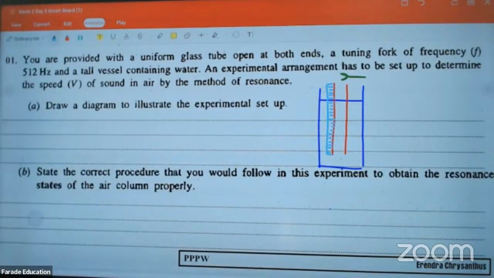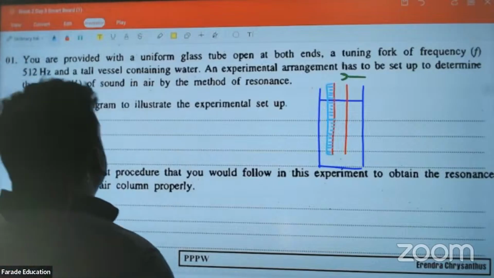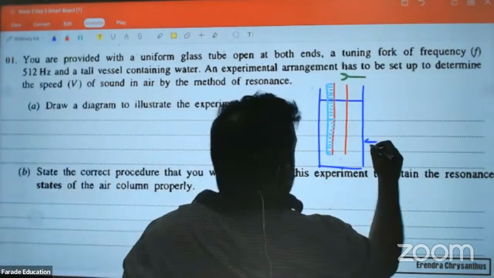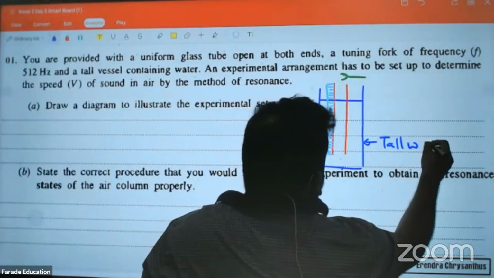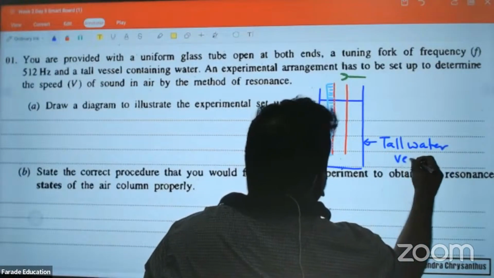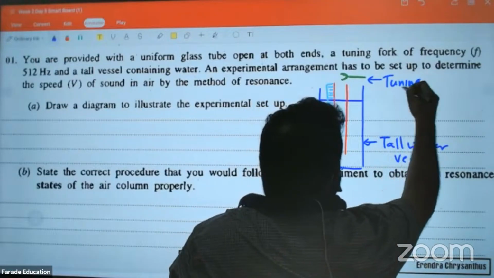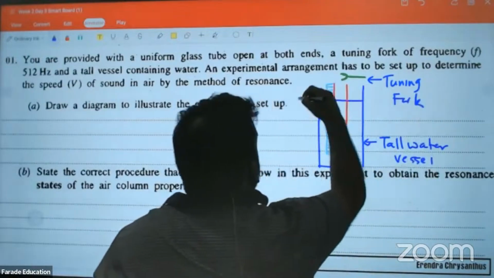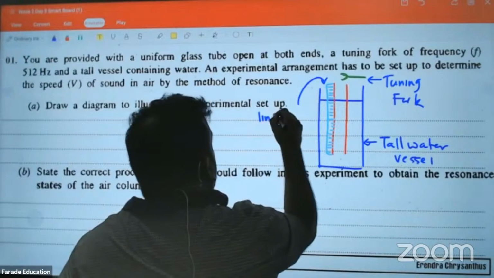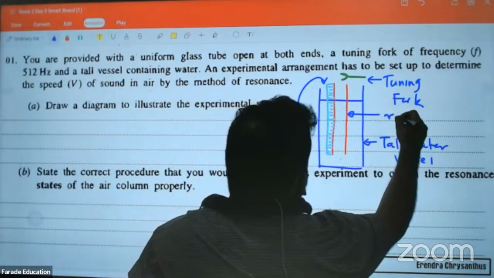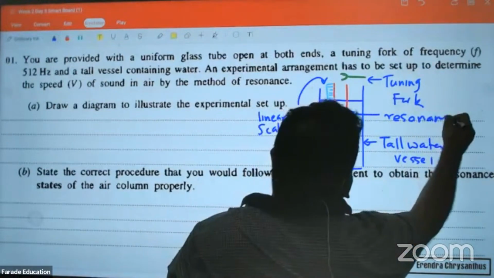If you want, you can quickly name the parts: tall water vessel, tuning fork, linear scale, resonance tube.